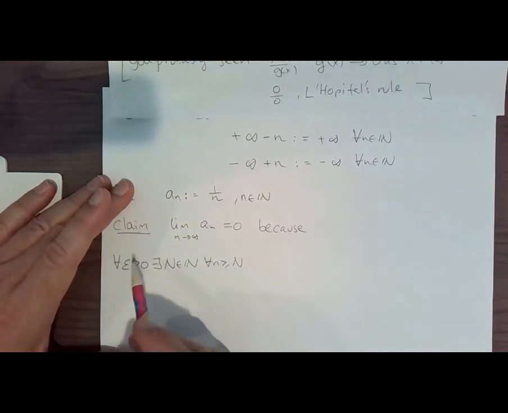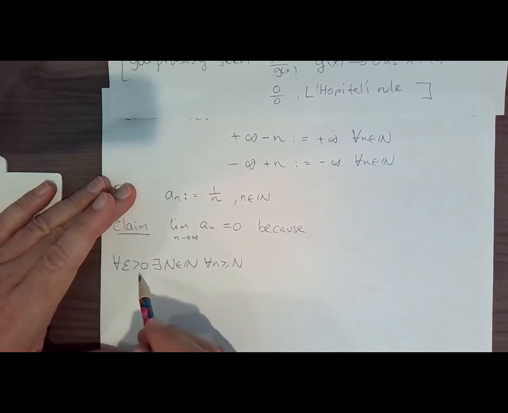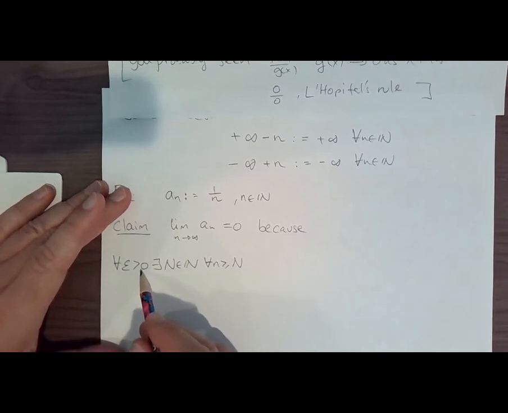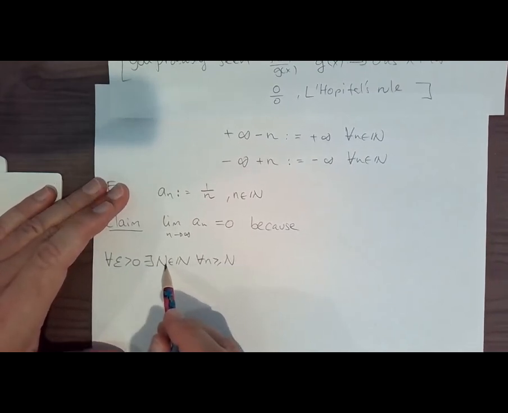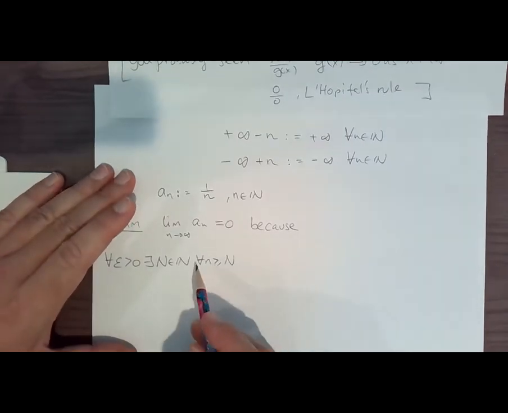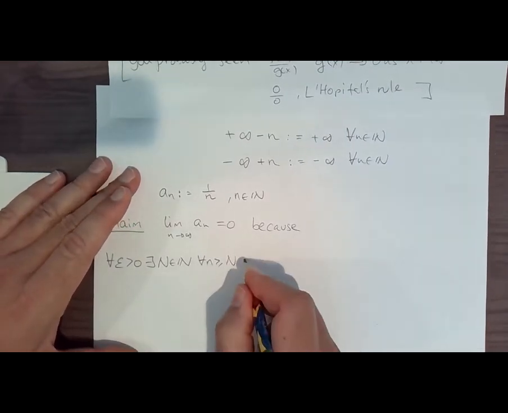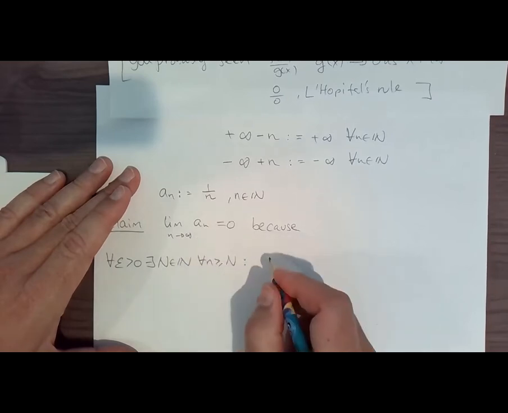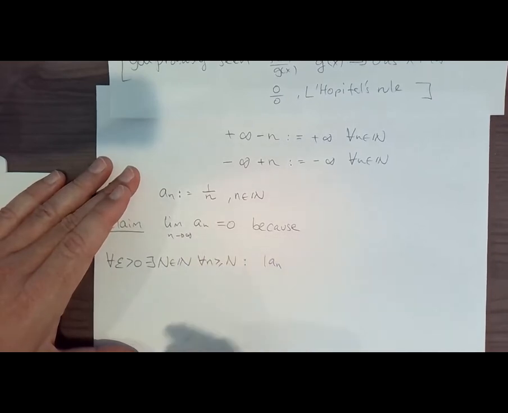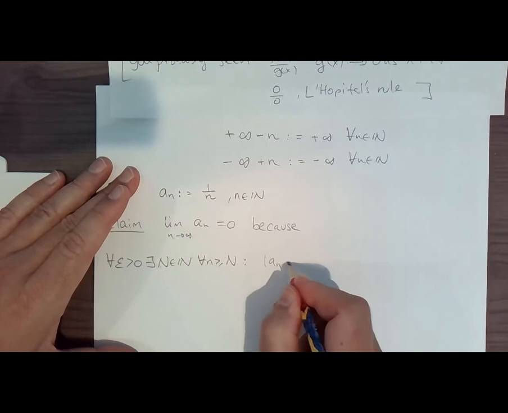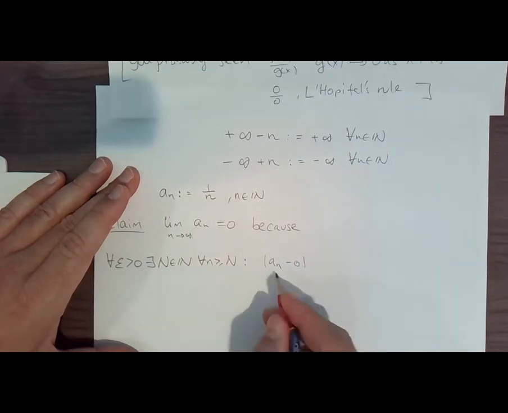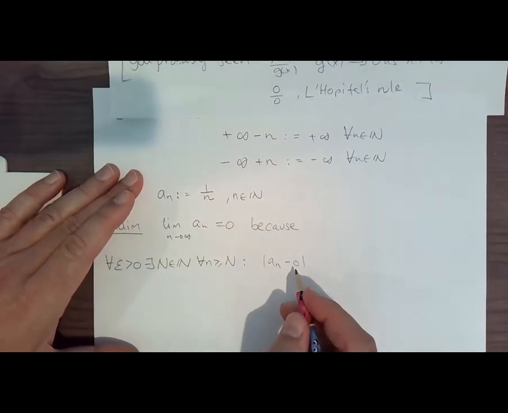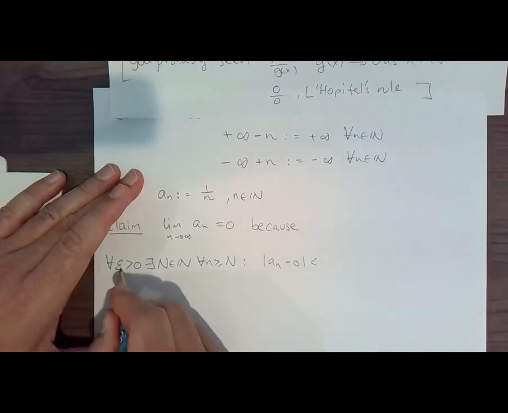give me an epsilon. Somebody hands you an epsilon. It's a small, however, strictly positive number. You can find a humongous natural number, such that when you come after that humongous natural number, an is very close to its limit. What does it mean to be very close? You take the absolute value of the difference, and this is going to be less than that epsilon.